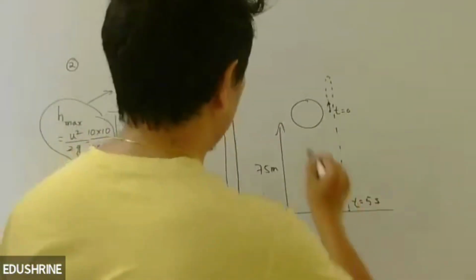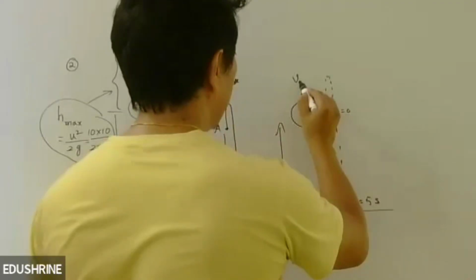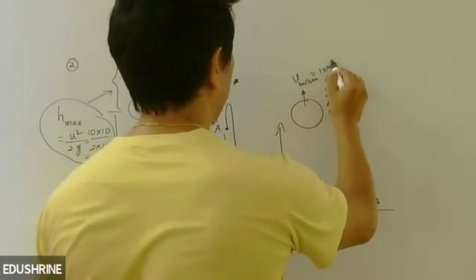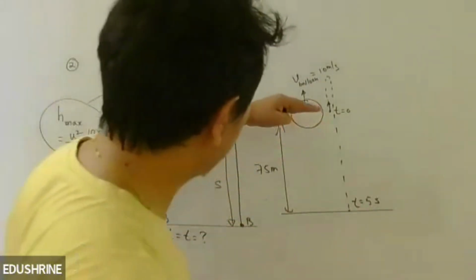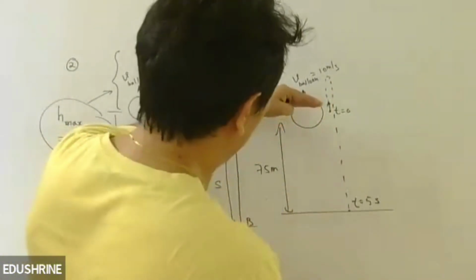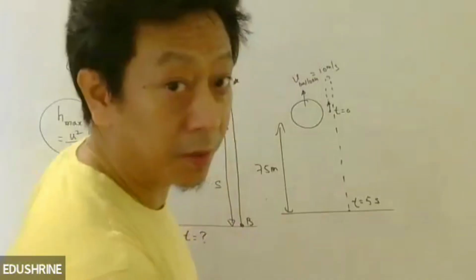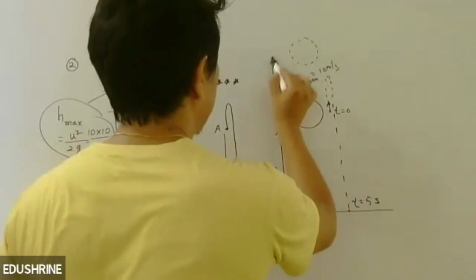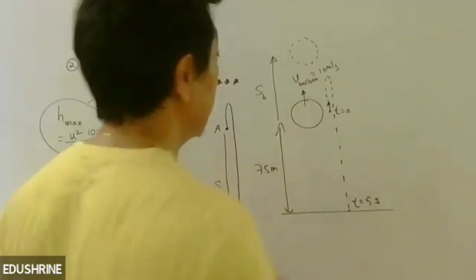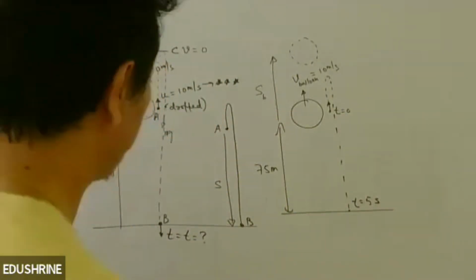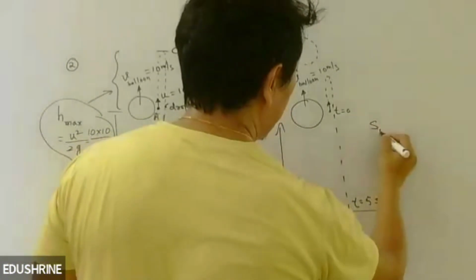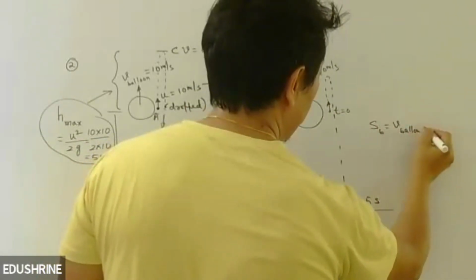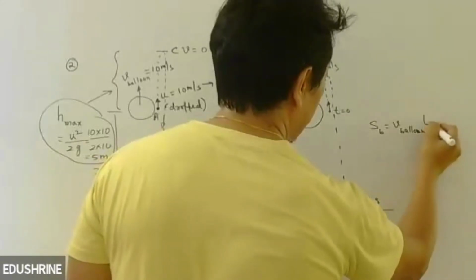Now remember, the balloon is going with constant velocity 10. Therefore, in 5 seconds when the stone came here, the balloon will keep on going up only. So let us say the balloon reached here in 5 seconds. So this is the displacement of the balloon in 5 seconds. Now what will be the equation for the balloon? Displacement will be velocity into time.